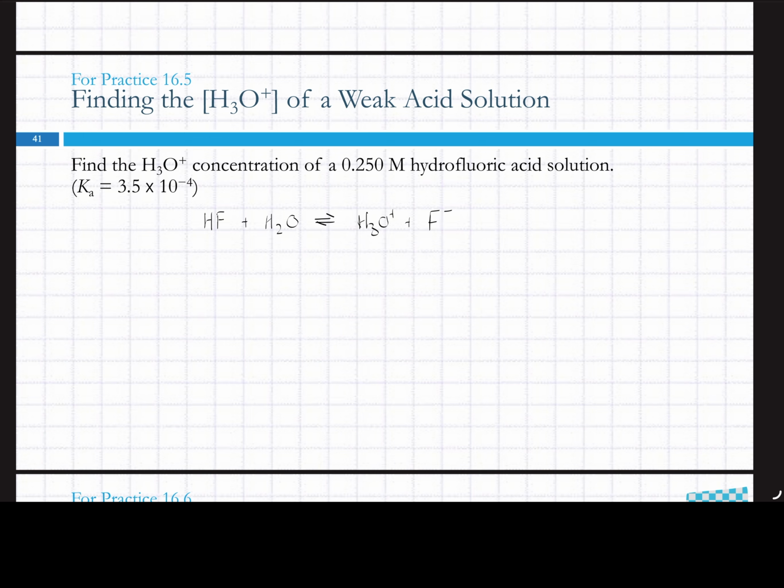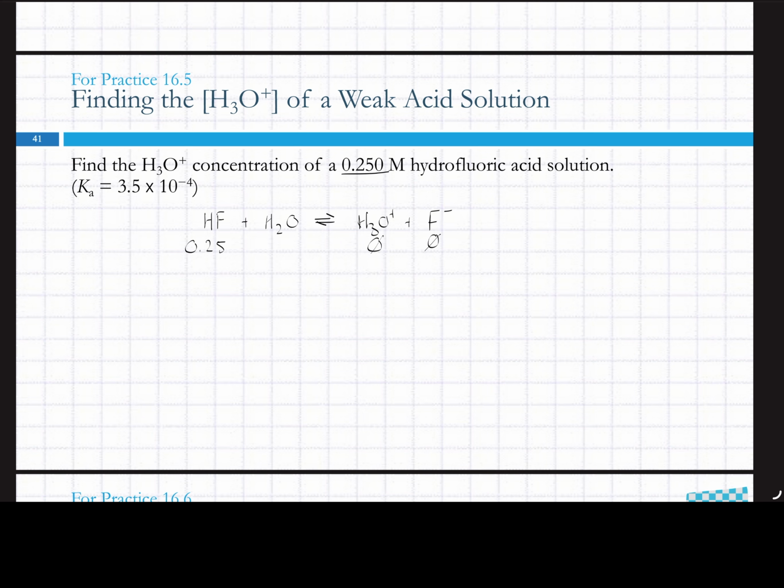And then we're given an initial concentration of 0.250 molar hydrofluoric acid. Unless you're told otherwise, everything else is 0. And what about water? It just doesn't even matter for this. So I'm not even going to put a 0 in, because I'm not going to say negative x for water. It's all water.